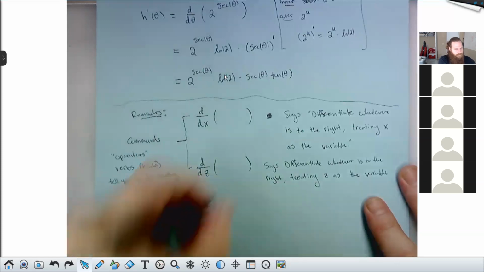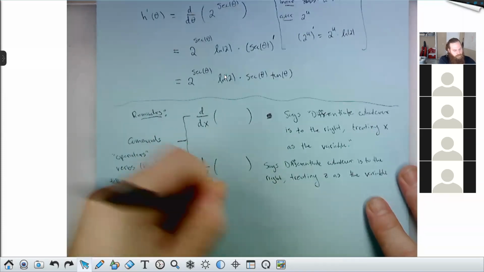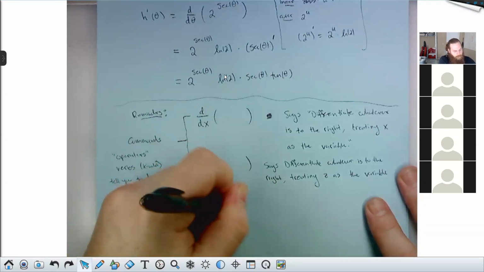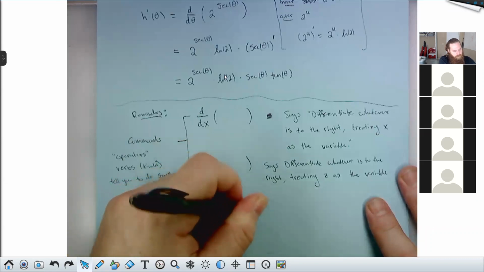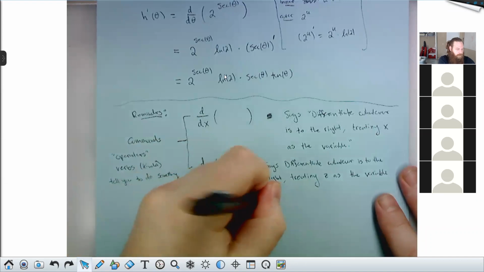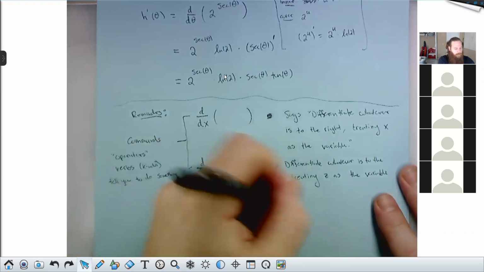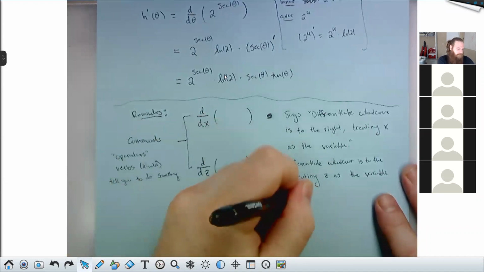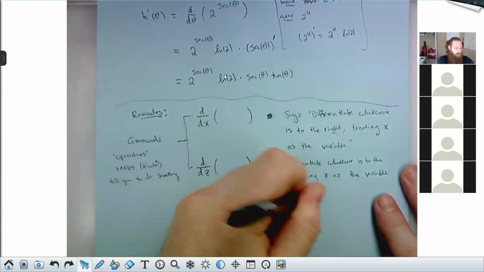dy/dx is what you get when you apply the operator d/dx to y. This is also just called y prime, or if y is f of x, f prime of x.